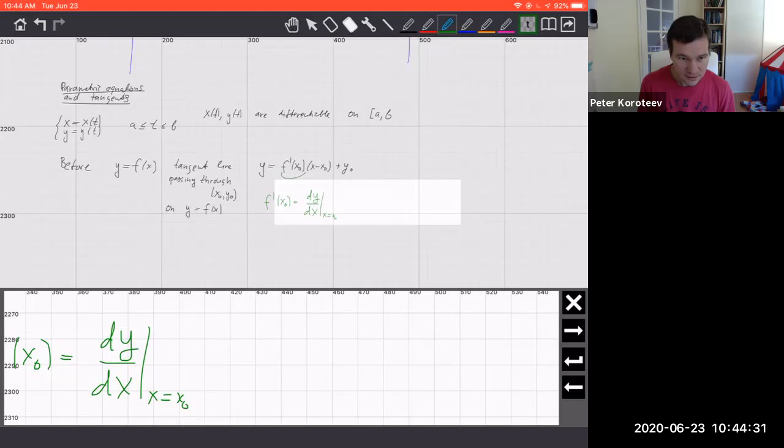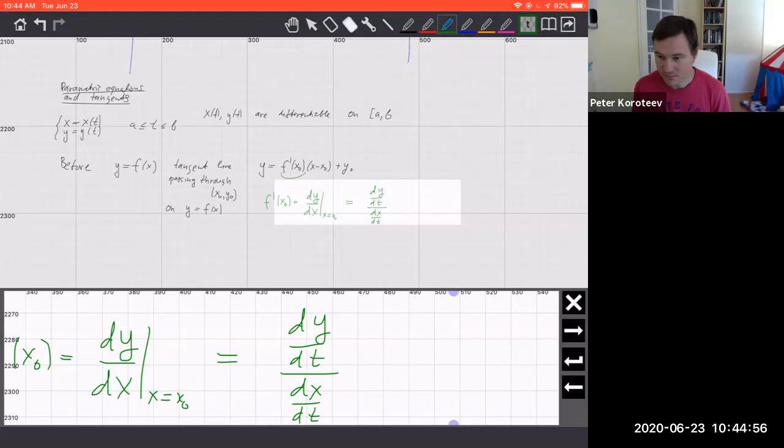We can write this as dy, but now we need to remember that x and y are both functions of t. So we can write it like this: dy over dt divided by dx over dt. Mnemonically, you can think of it as canceling out the dt's, and then you get back to dy over dx.